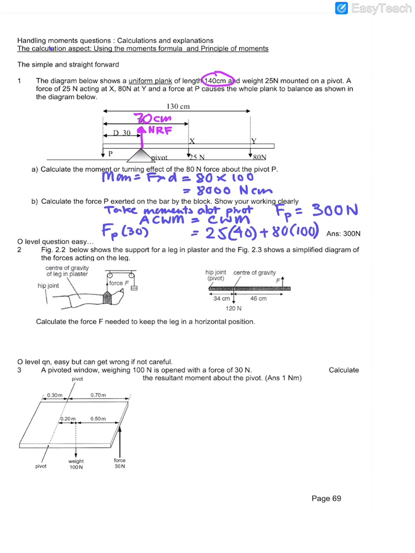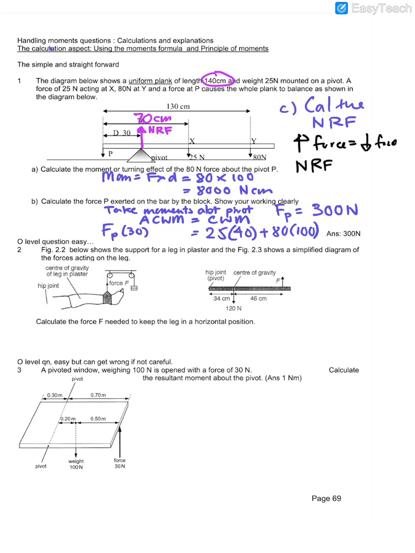Now, if I ask you, part C, calculate the normal reaction force. How? Remember the next condition. The one more condition is what? The upward forces equal the downward forces.